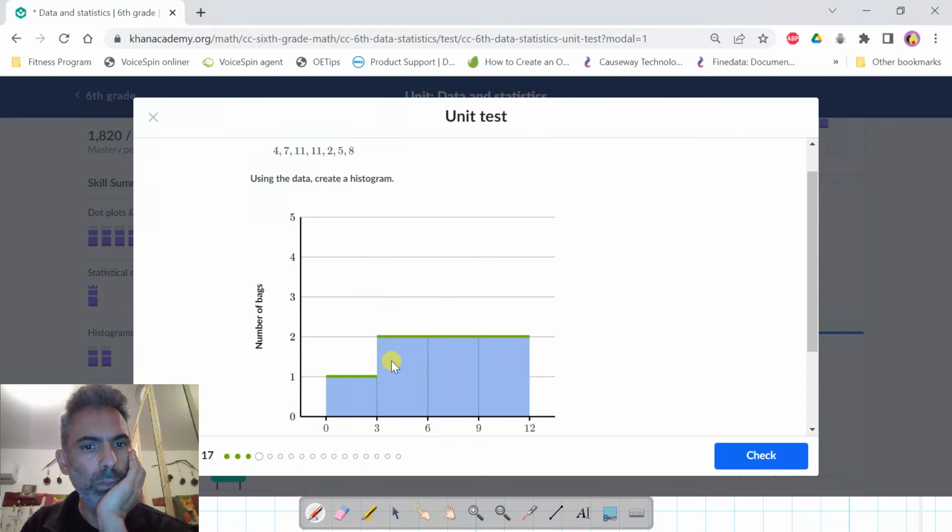That's it. Between 3 and 6 we have 4 and 5. Between 6 and 9 we have 7 and 8. And between 9 and 12 we have these 2, 11 and 11.